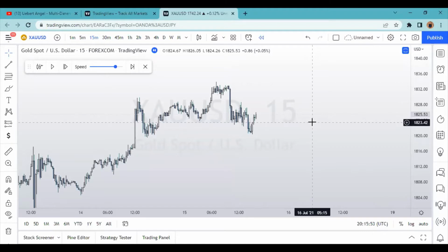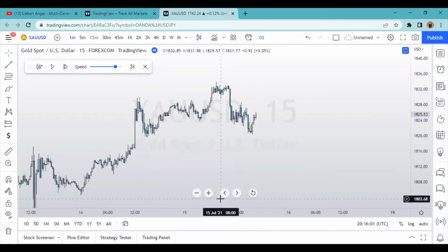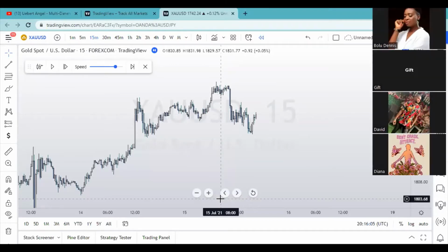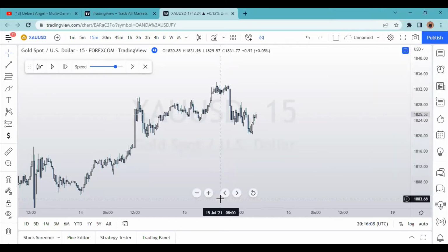I'm just going to use my approach to trade. And I'm just going to say something: when it comes to entries and trading in the market, there is no one way to actually do it. A lot of traders have come up with different approaches, different ways and different perspectives on how to enter the market. Some people use smart money concepts.